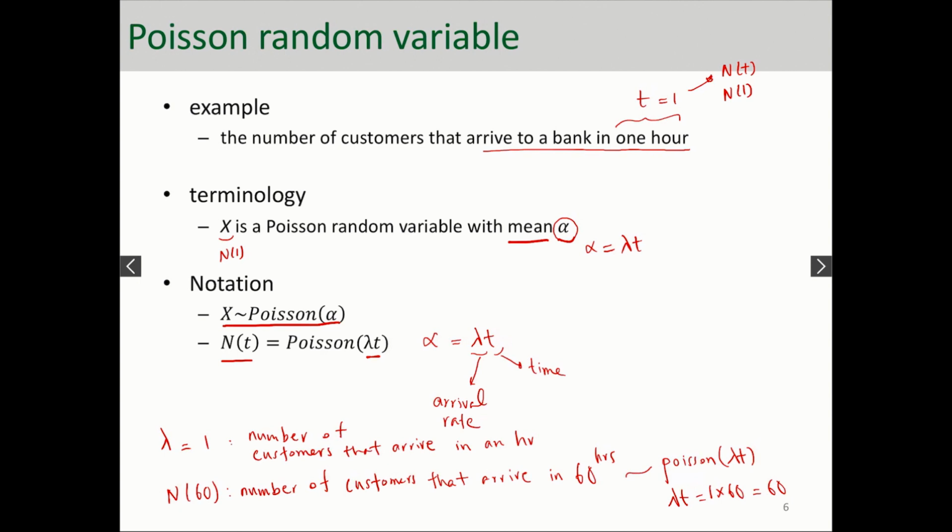I know at this stage it's still very notional, but we're getting into some more details in a second. So just remember that alpha is equal to lambda t. Lambda is the arrival rate, and t is the time, which can be any number, depending on your random variable.